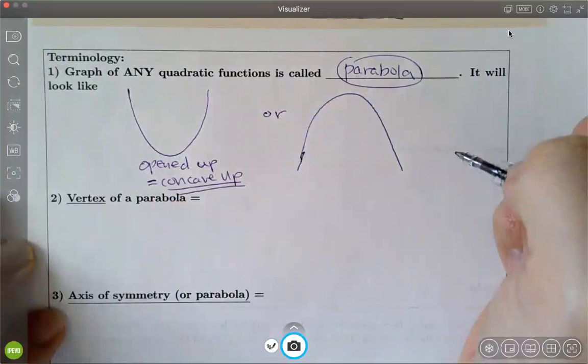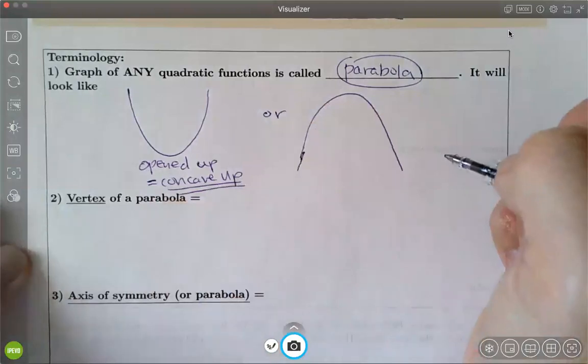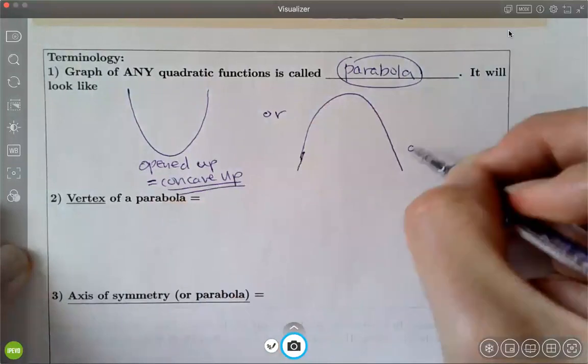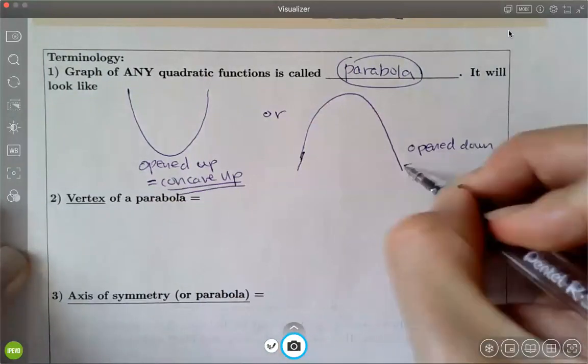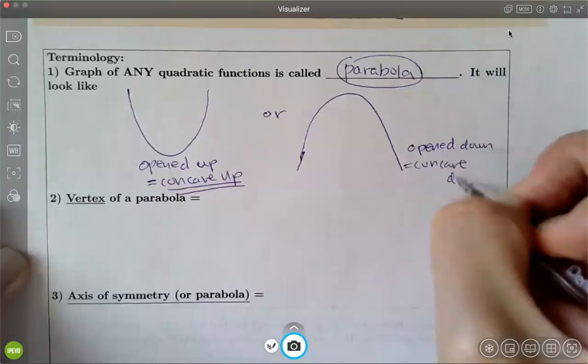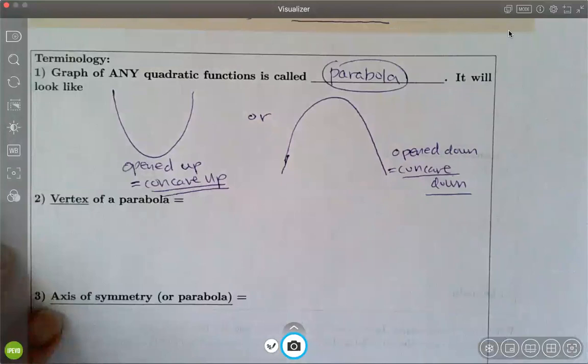When you take calculus, you'll see another definition of concave up, but here in 3.1, concave up means opened up. And what does this represent? Open downward, right? And similarly, this means concave down.